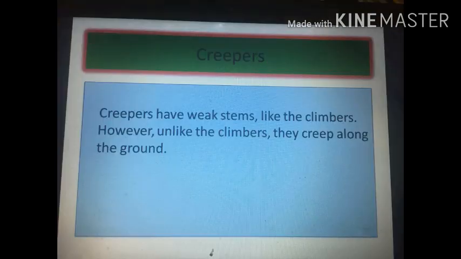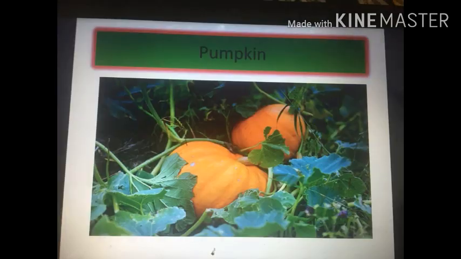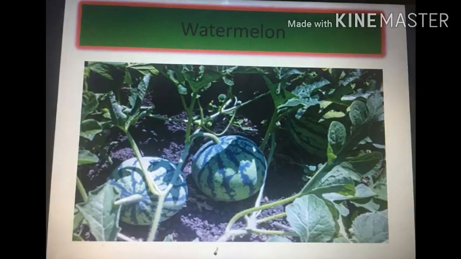Next is creepers. Creepers are plants with weak stems that grow along the ground. Pumpkin, watermelon, and muskmelon plants are common examples of creepers.